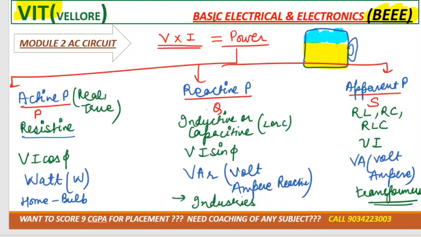So the actual beer which you are able to drink is the active power. Okay, but you have to pay for the froth as well, right? That is not real, that is the reactive power. And you have to pay for the whole glass, the active power and the reactive power together, that is known as apparent power. Okay, beer is the real power, froth is the reactive power, and the combination is known as apparent power.